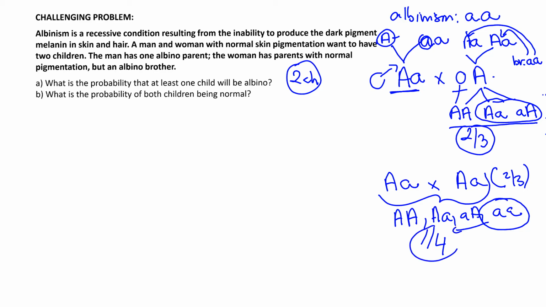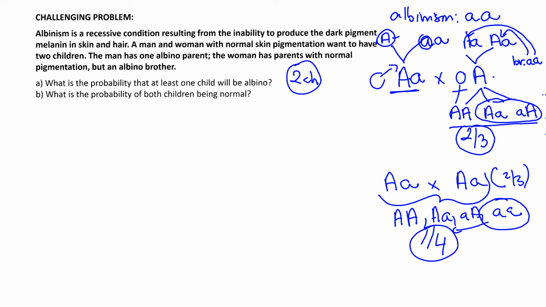However, in order for these children to be albino, not only do they have to receive one recessive allele from one parent and a second one from the second parent, they can only be albino if their mother was heterozygous. And the probability for her being heterozygous is 2/3.